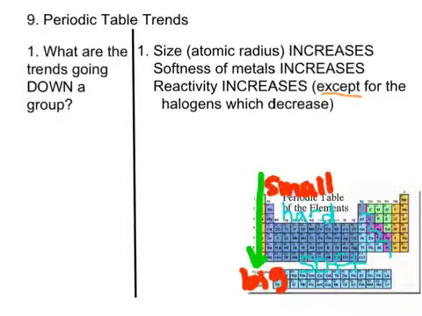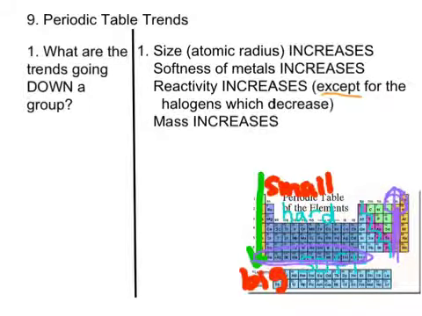Remember, the halogens are on this column right here, the 7A group, and their reactivity goes up. For the most part, in all of the other groups, the most reactive will be down at the bottom. Except the halogens, where the most reactive is fluorine, up here on the top.